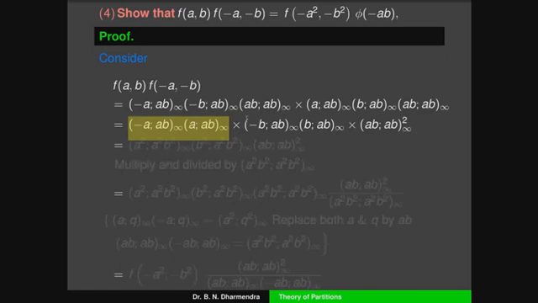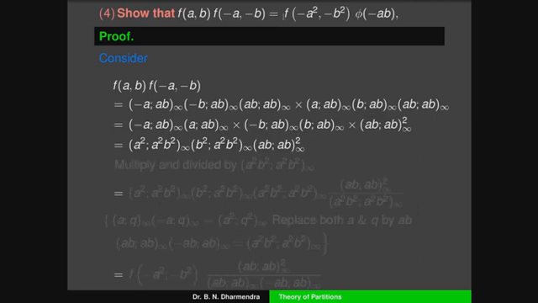Similarly, the next two products, minus b ab infinity b ab infinity, can be written as b square a square b square infinity. So it can be rewritten as a square b square infinity, b square a square b square infinity into a square ab infinity whole square.